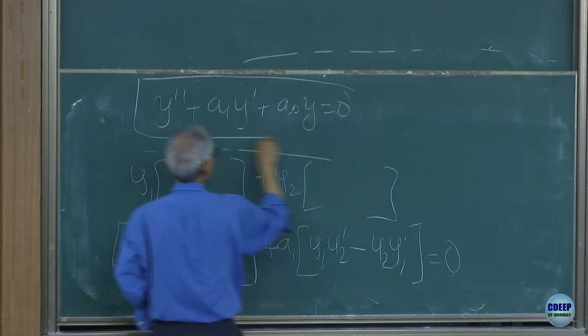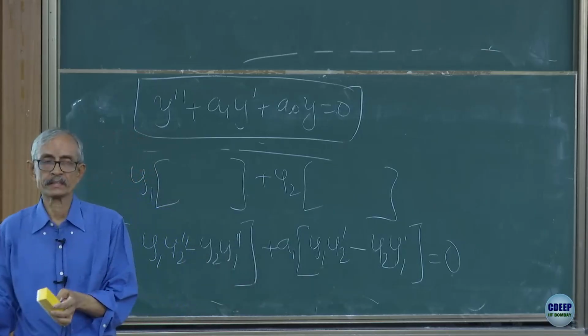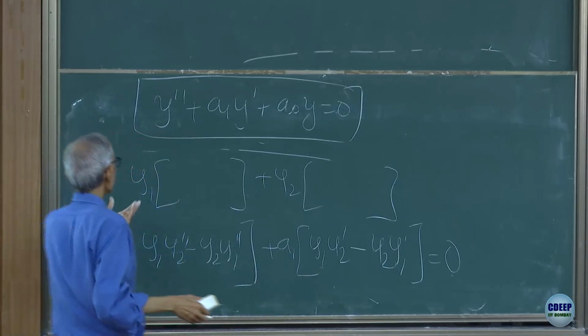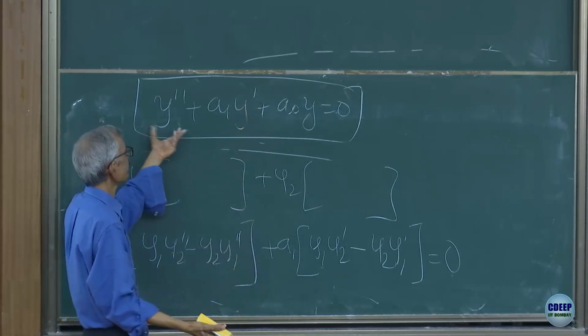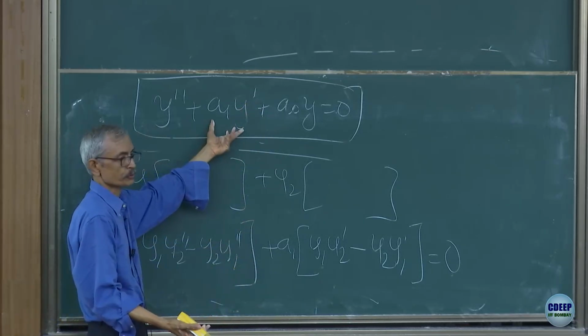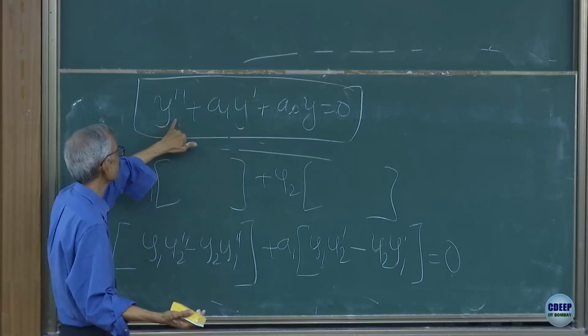This is the base equation that we are working with. So y1 times y2 double prime plus a1 y2 prime. Remember, y is just the generic variable, the solution.